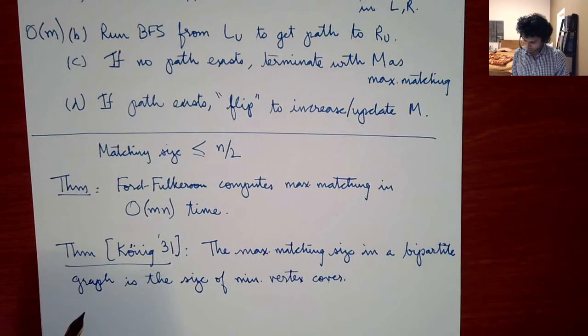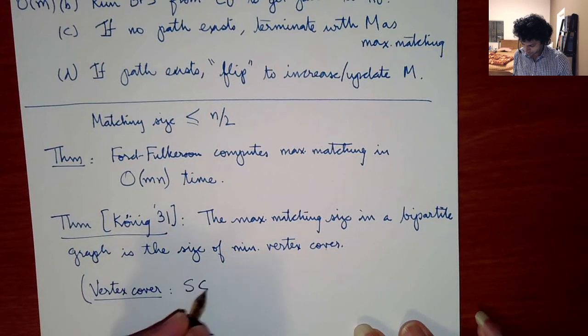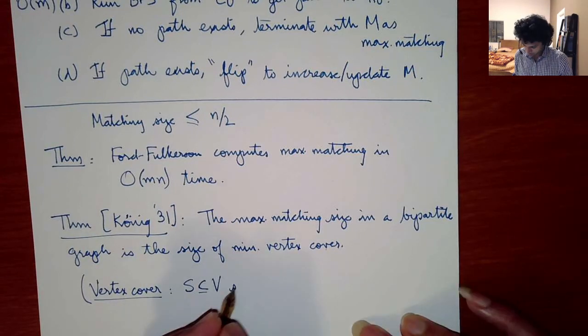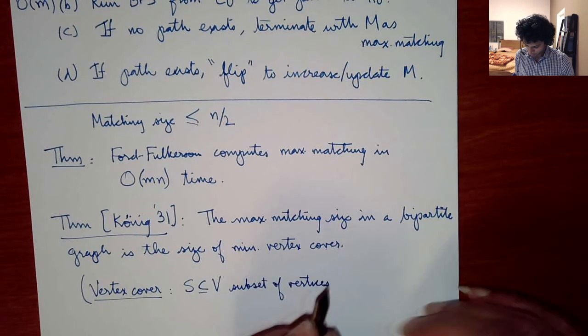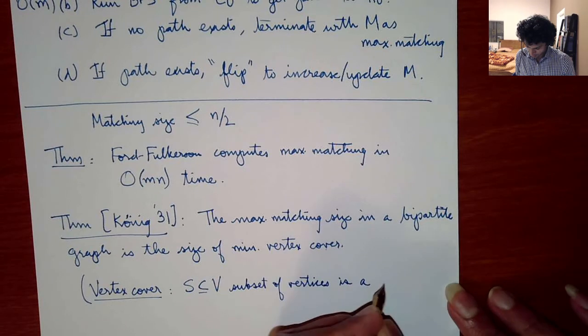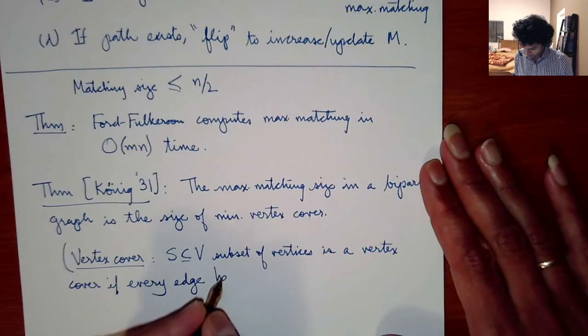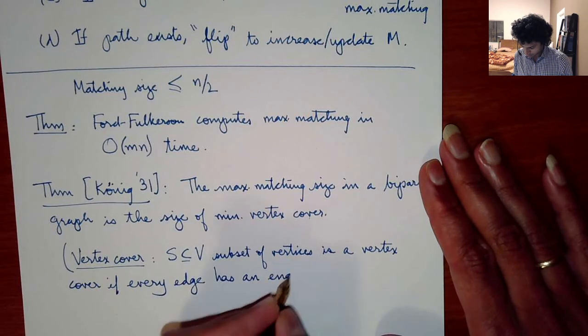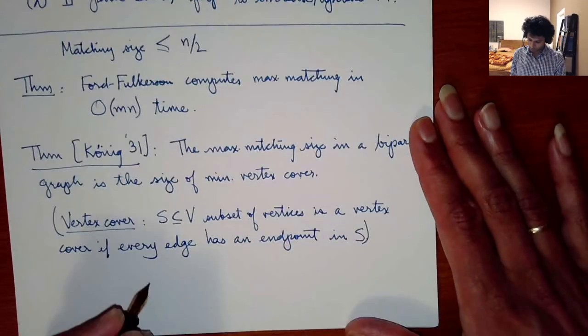So let's recall what a vertex cover is. S, a subset of the vertices, is a vertex cover if every edge has an endpoint in S. Pictorially, a vertex cover looks something like this.